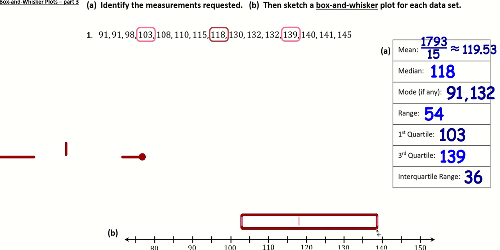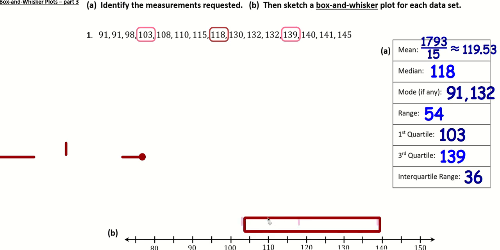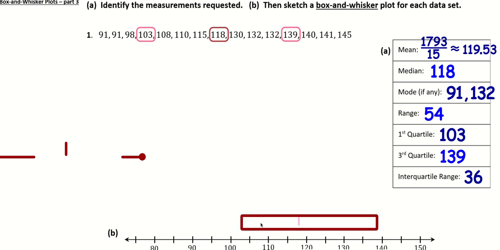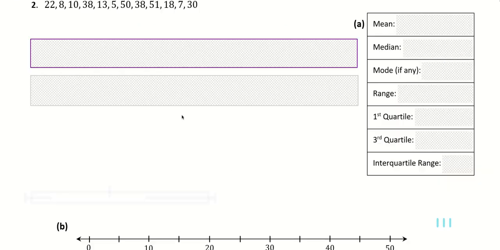So anyway, remember, that's where we draw the box. The line, that's the overall median, and then we go out to what, 145? And then the lowest, 91. So that's what that one should look like.